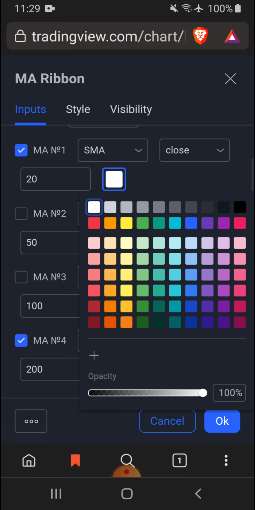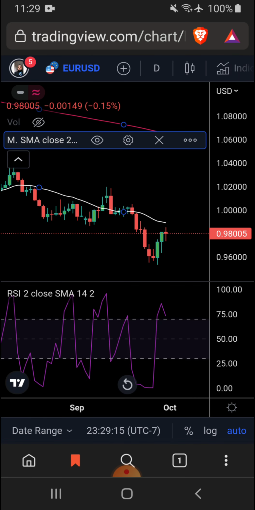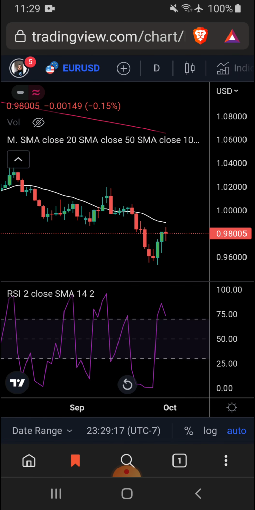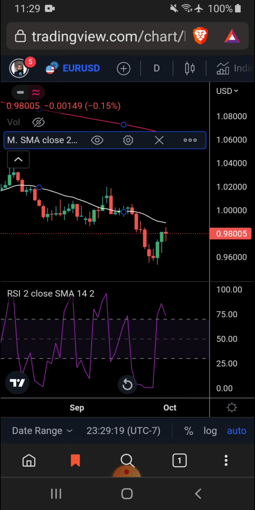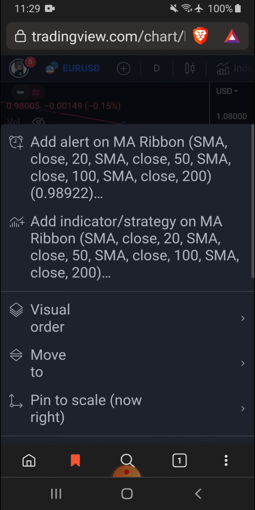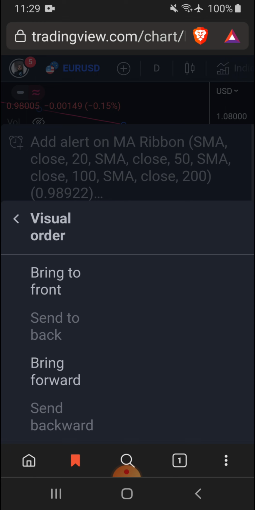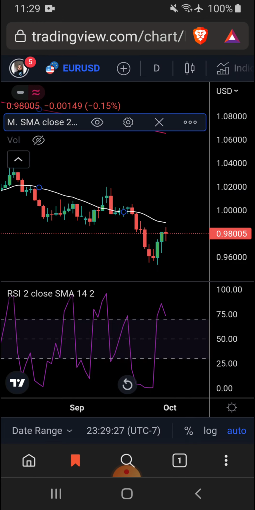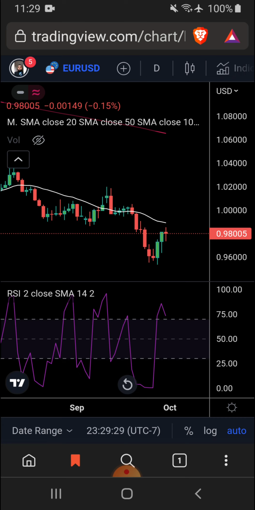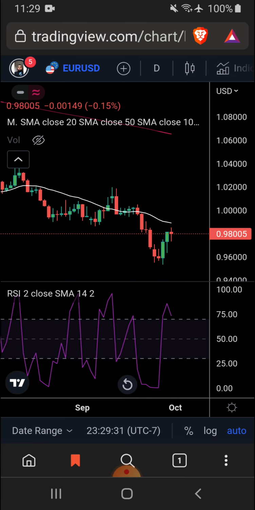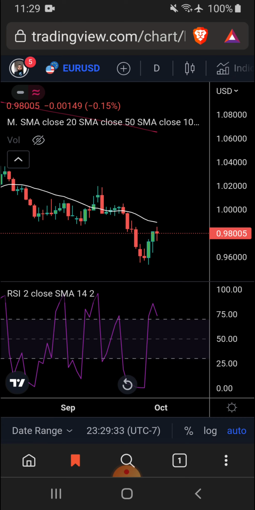It doesn't really matter, we'll just go with white so we can see the line. Then click the settings, visual order, bring to front. That way the lines go above the candles so you can see them, they don't disappear.